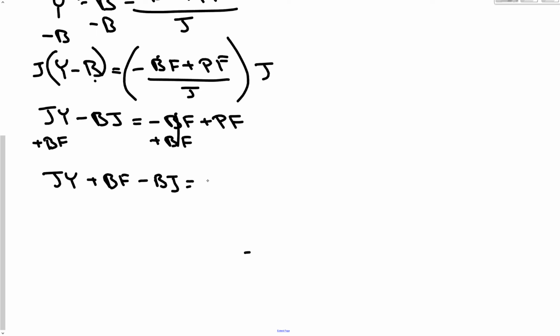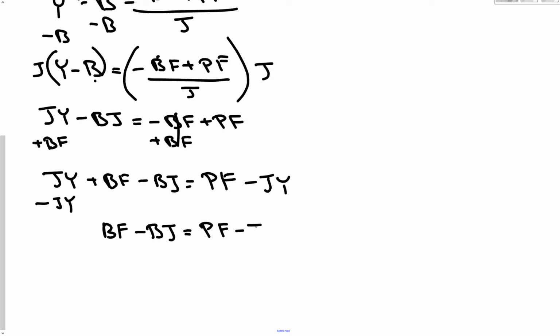These two cancel, is equal to pf. And I'm going to subtract jy from both sides because it doesn't have a b in it. Okay? So now when I look at this expression, I have bf minus bj is equal to pf minus jy.